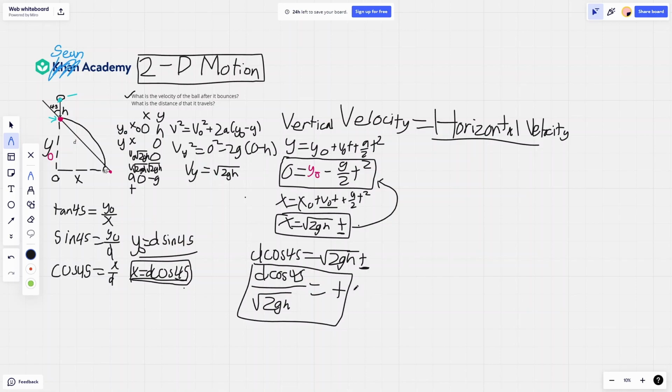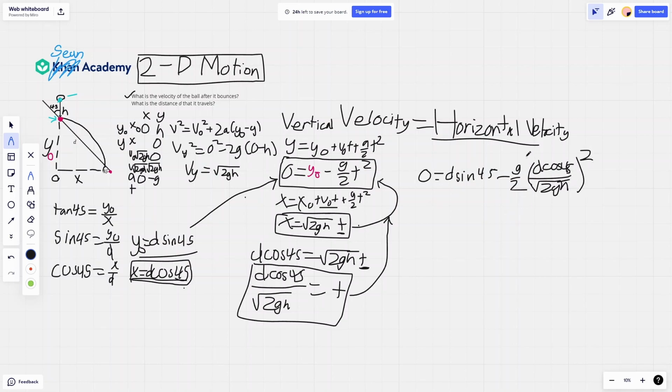We're going to put this, as I said earlier, into this other equation up here for our vertical position, as well as our y naught value into here. So we would get 0 is equal to d sine 45 minus g over 2 times d cosine 45 over the square root of 2gh, the quantity squared, right?